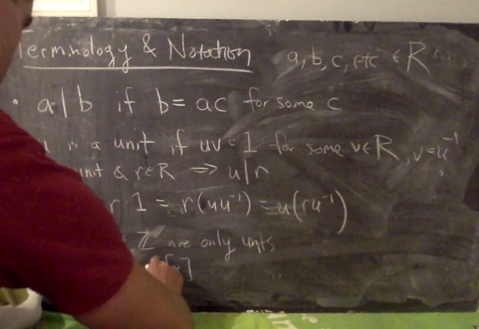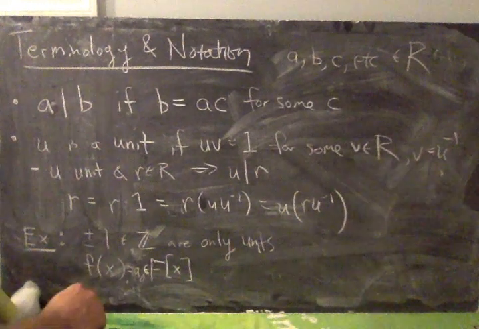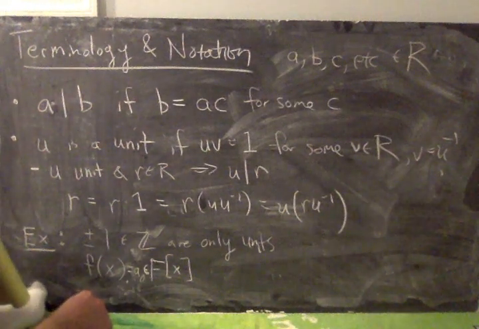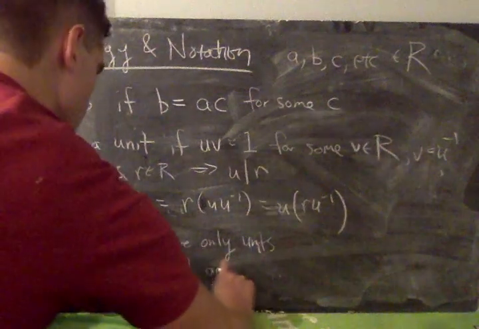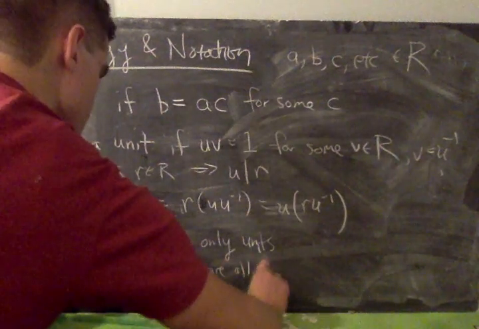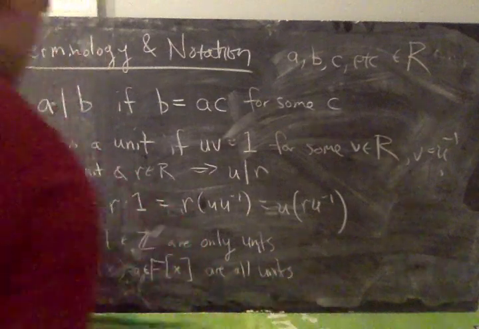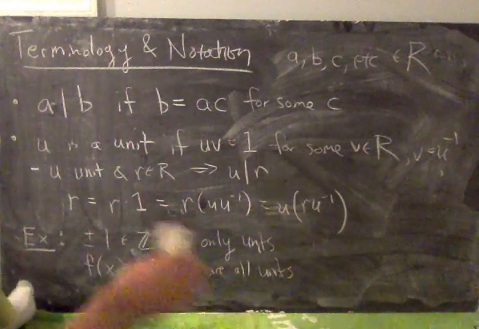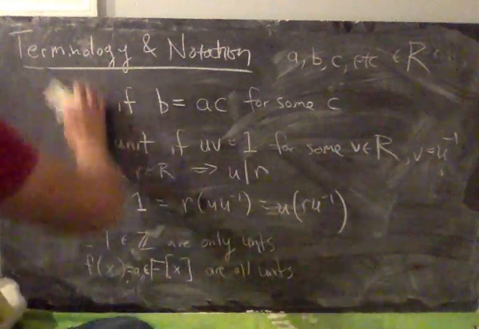So f of x has to be a constant polynomial to be a unit. We've seen that before.